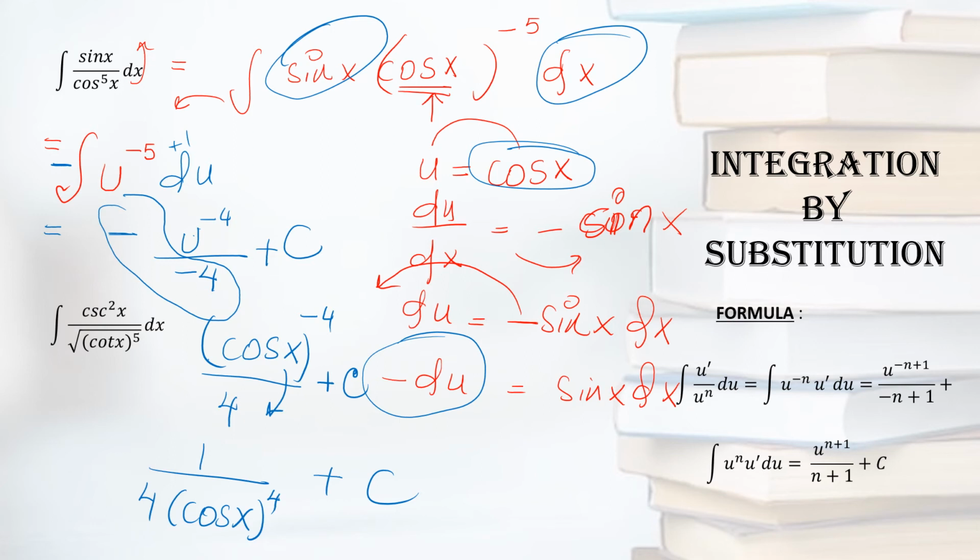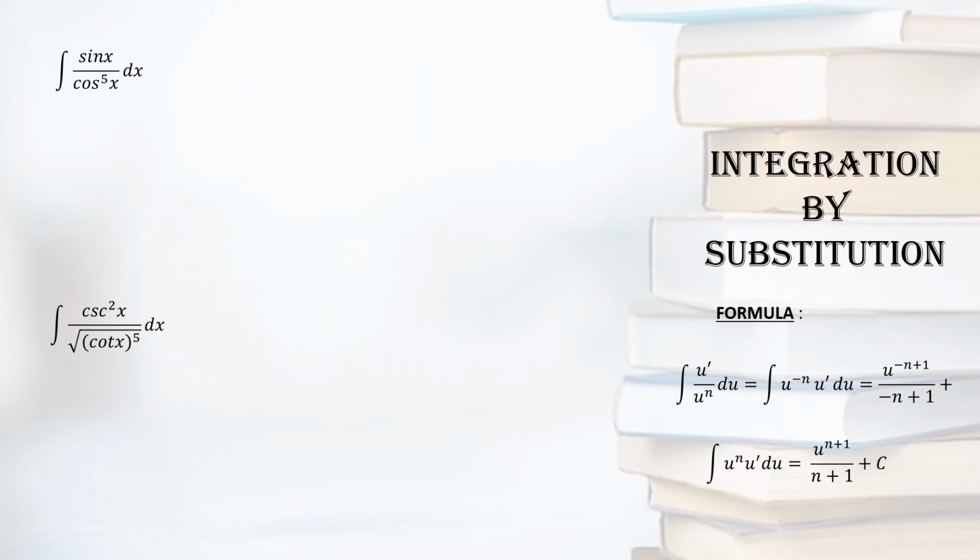Do it so that it will become so easy for you to deal with such kinds of questions. Again, you should know that if f of x is written with the square root, you can write f of x to the power half.